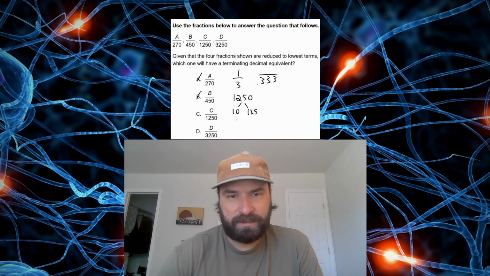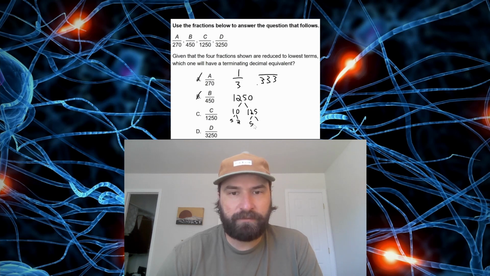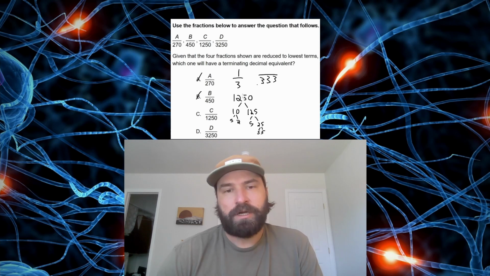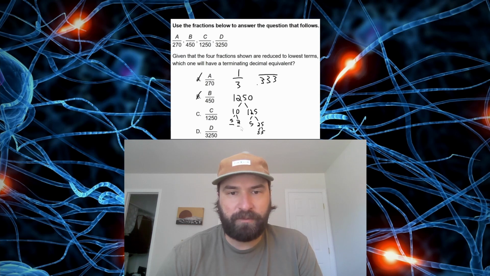So 10 is just 5 and 2, and both of those are prime numbers. So I'm done with this side of the tree. 125 I know is 5 times 25, and 25 is 5 times 5. So the factors of 1,250 are just these numbers at the end of the branches. So at the very bottom we have a 5, a 2, a 5, a 5, and a 5.